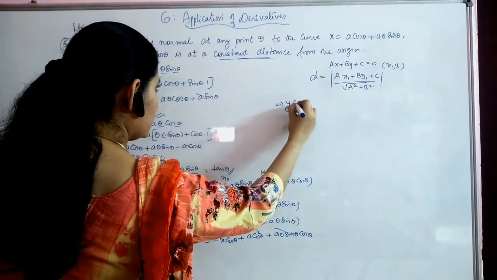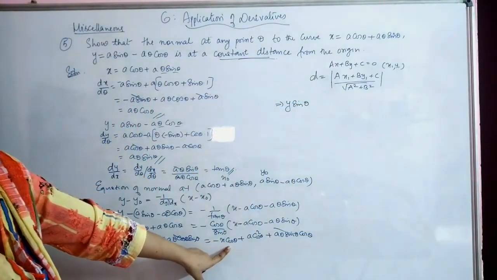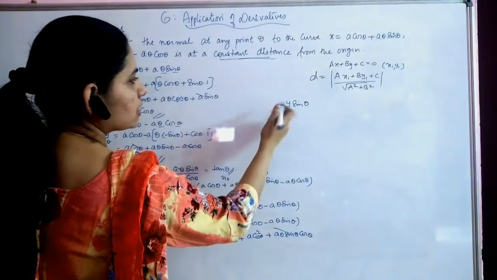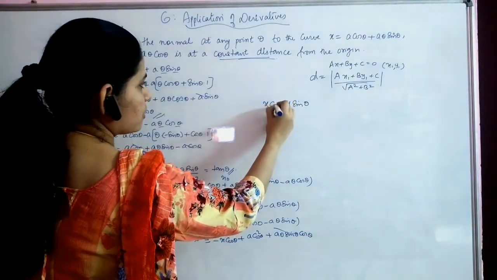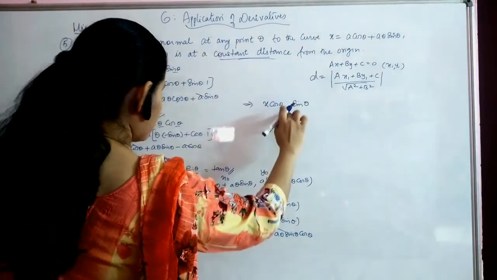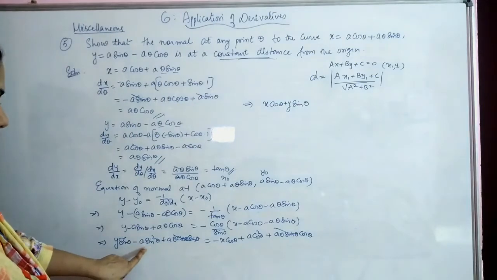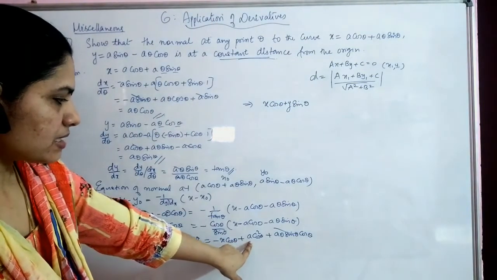you remain with y sin theta, and this is negative x cos theta. So I am just taking it to the other side so that this becomes positive x cos theta plus y sin theta, and here you have minus a sin square theta plus a cos square theta.